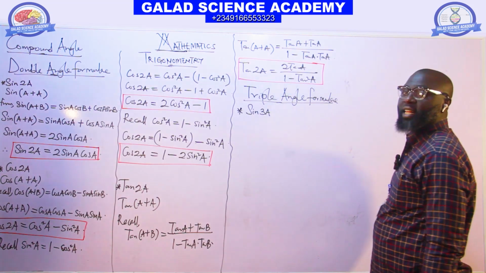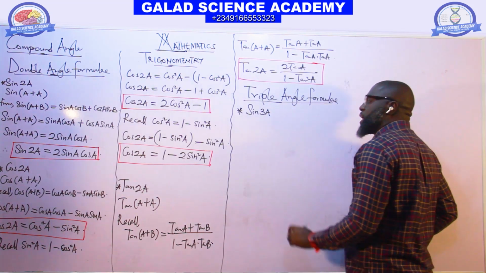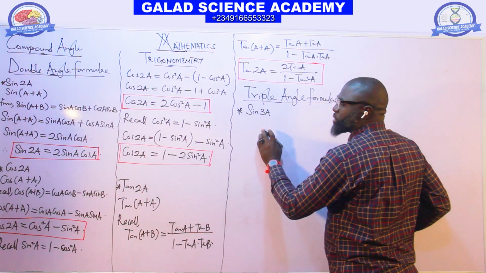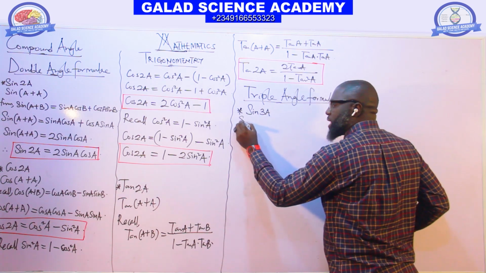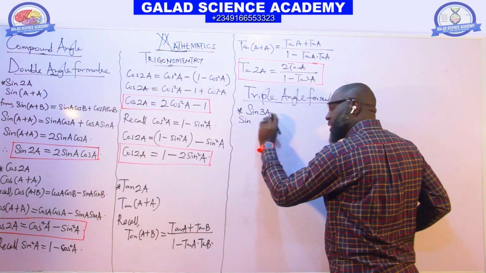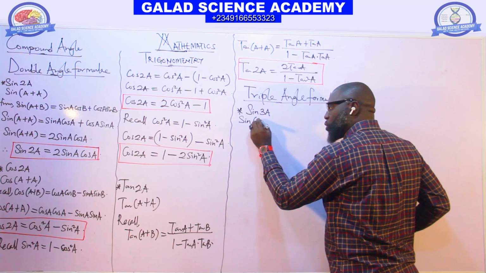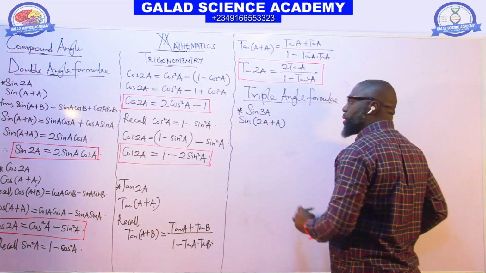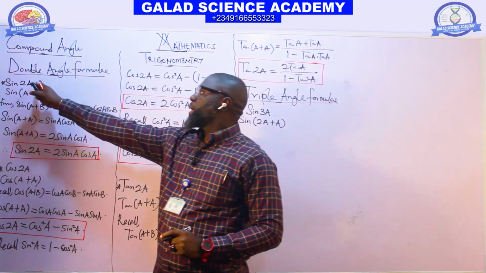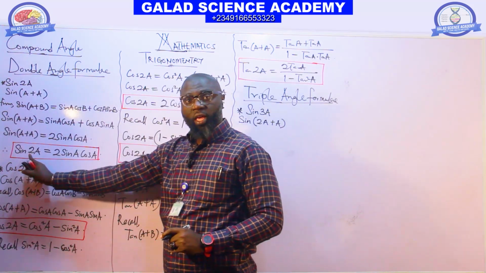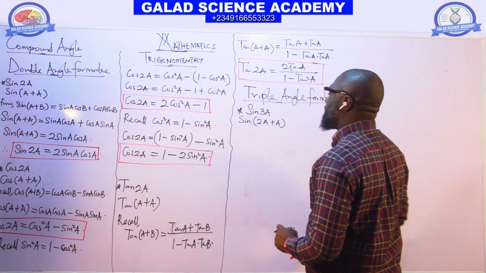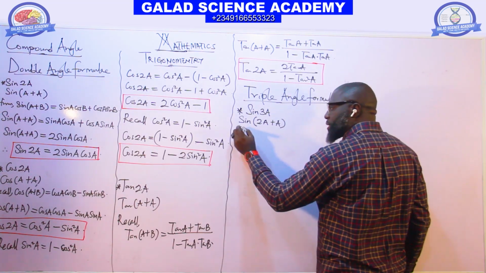So to solve the identity for sin 3A, we can split 3A into 2A plus A, because we already know the identity for 2A. 2A plus A will give us 3A.